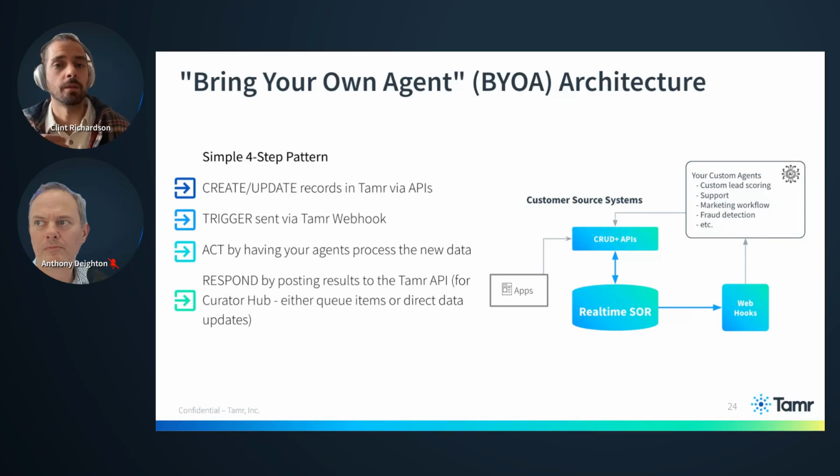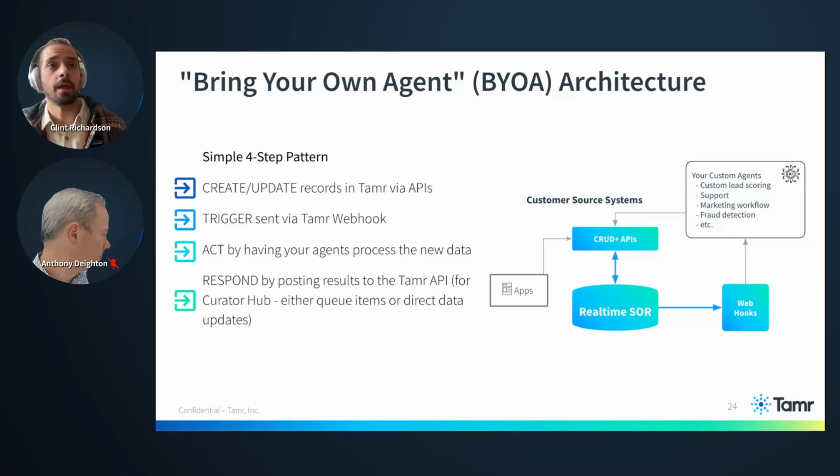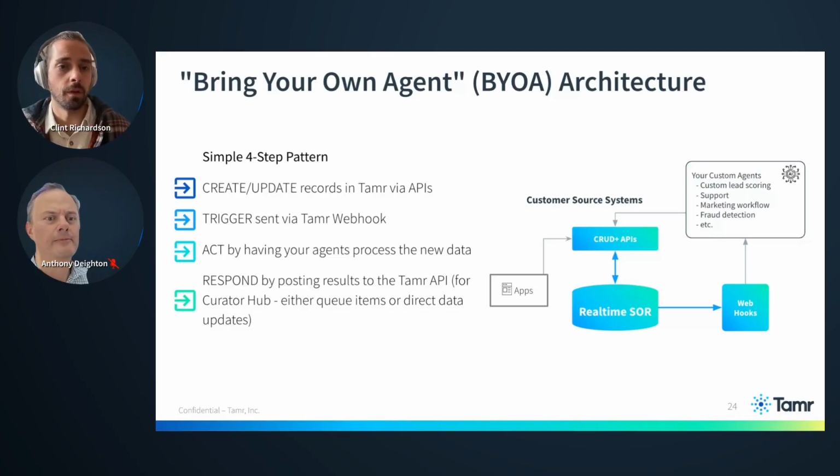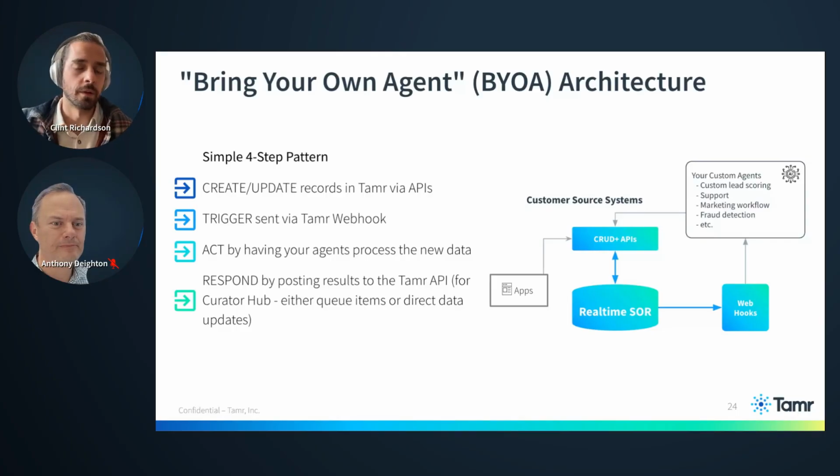And then those agents can respond to that and put it back inside your MDM system of Tamr using our APIs. They can do that either directly to update data, or they can put it in front of a human to review. So you have the capability here not just to let your agents run away with your data, but also to have a human in the loop so that the human has the final say.